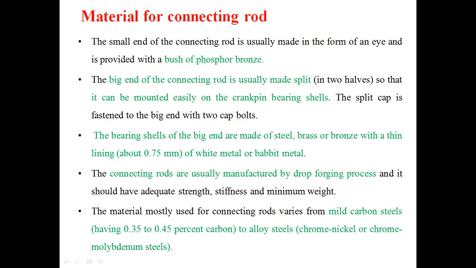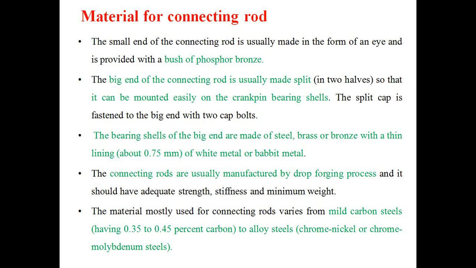The split cap is fastened to the big end with two bolts, as I have already shown in the previous figure. The bearing shells of the big end are made of steel, brass or bronze with a thin lining of about 0.75 mm of white metal or bimetal.